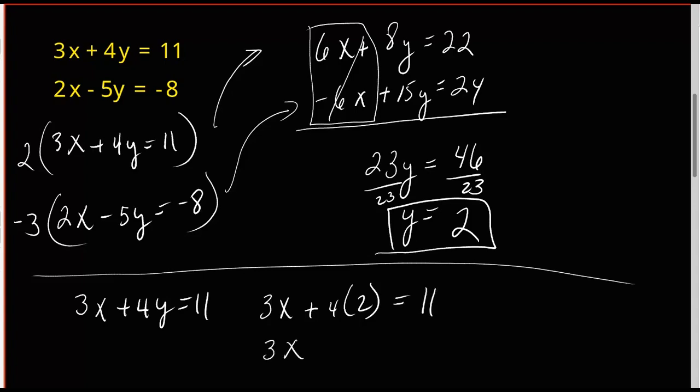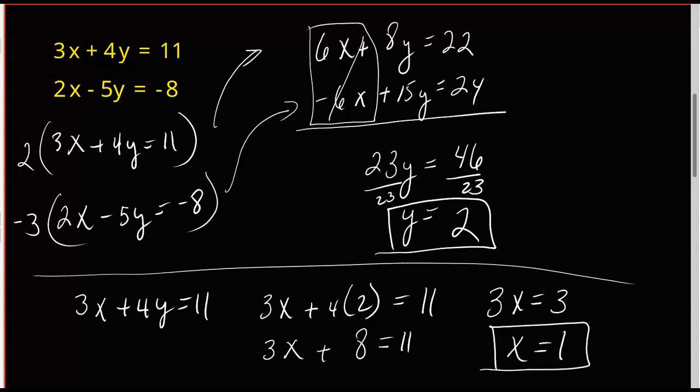So that's 3x plus 8 equals 11. Subtract 8 from both sides. So I would have that 3x equals 3. So x equals 1. So that would be my values for this equation.